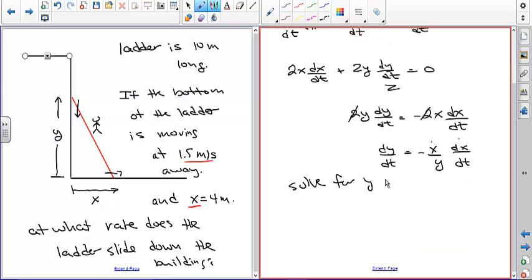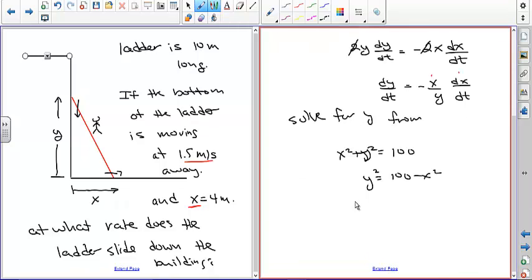So we can solve for y from x squared plus y squared equals 100. So y squared is equal to 100 minus x squared, or y is equal to the square root of 100 minus x squared.